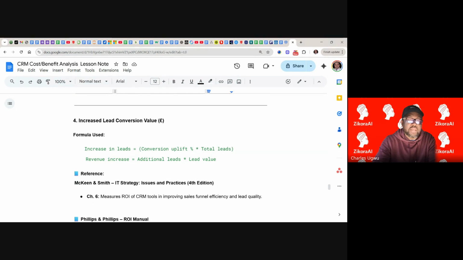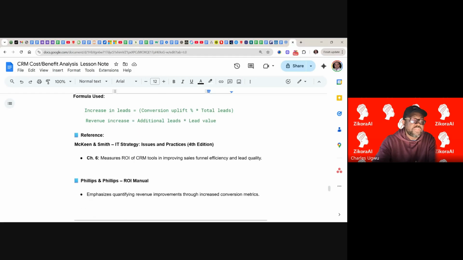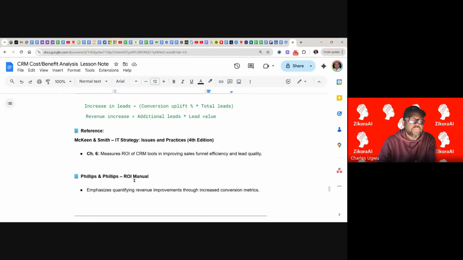We have the formula for increased lead conversion here, and McKinney and Smith, IT Strategy: Issues and Practice, 4th edition, chapter 6, covers return on investment of CRM tools in improving sales funnel efficiency and lead quality. Phillips as well captures return on investment on this, emphasizing quantifying revenue improvement through increased conversion metrics.